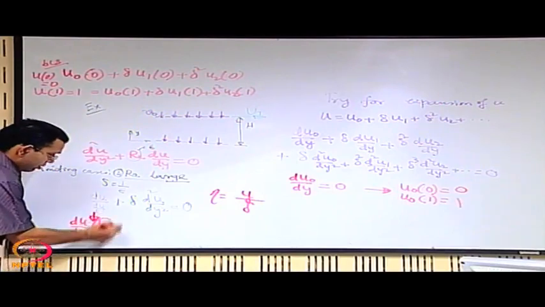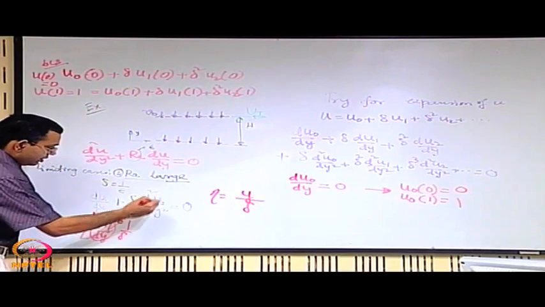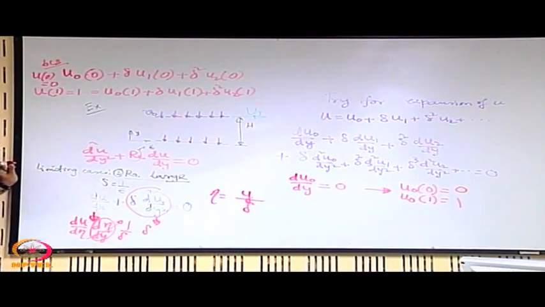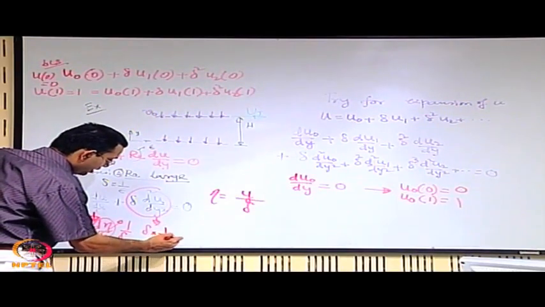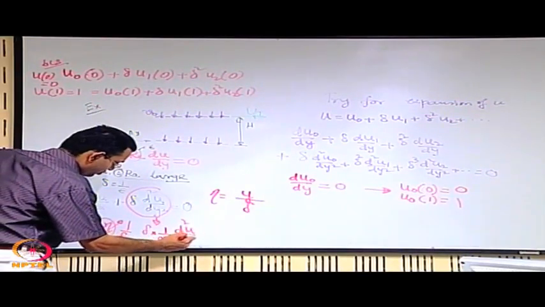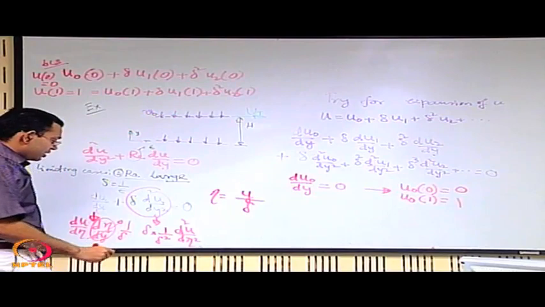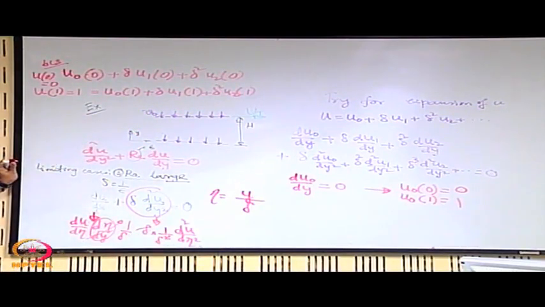So this is 1 by delta, then this term delta d2u dy2 is 1 by delta square d2u d eta 2, right. So now you see that from both the terms you may cancel 1 by delta.